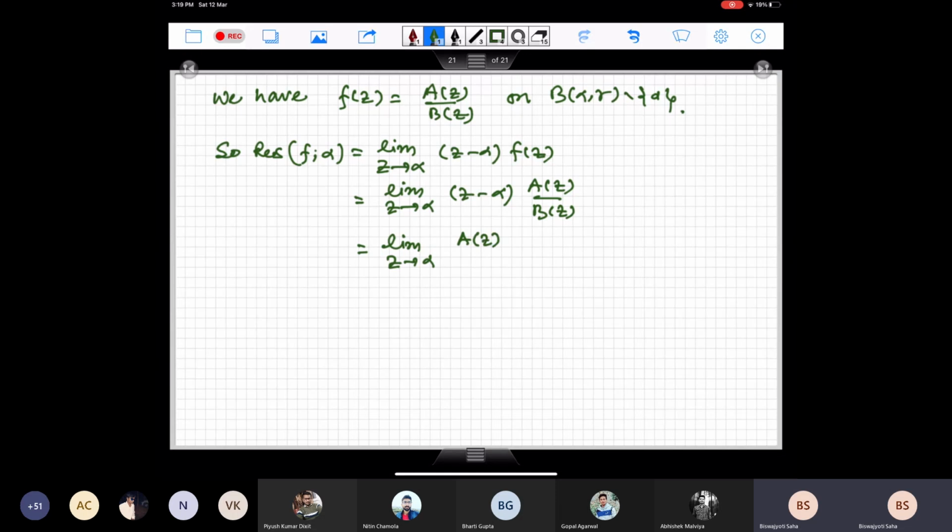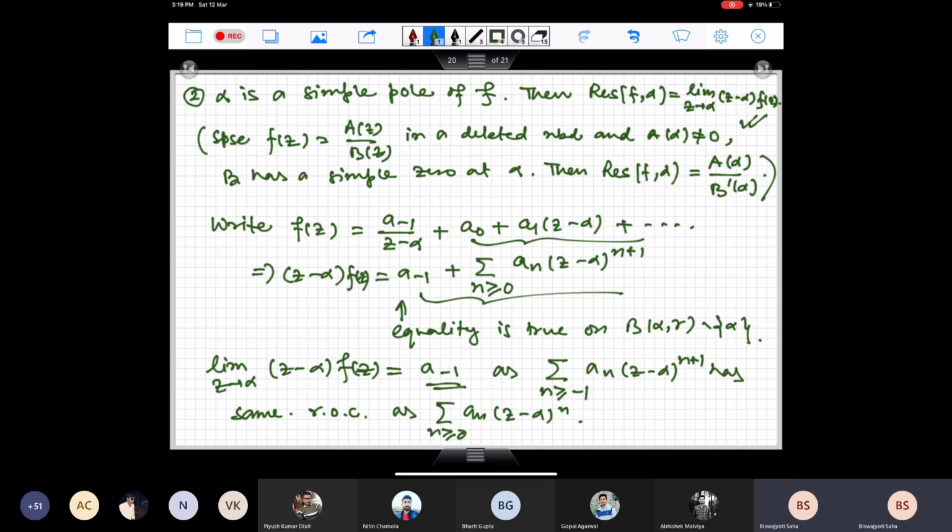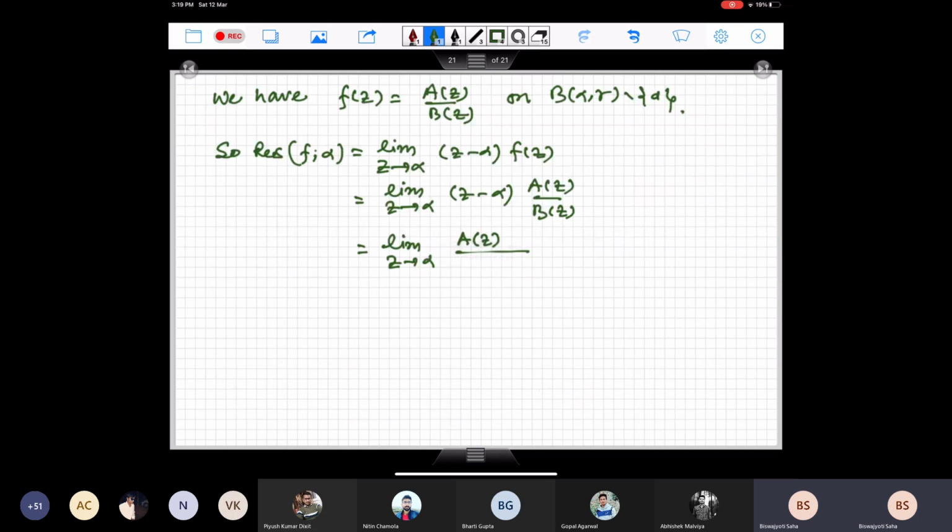I know that b vanishes at alpha, it is a simple 0, so b of alpha was 0 but b prime of alpha is not equal to 0. So I write this as b(z) by z minus alpha. Now I can write this as the limit as z tends to alpha of a(z) divided by b(z) minus b(alpha) over z minus alpha.